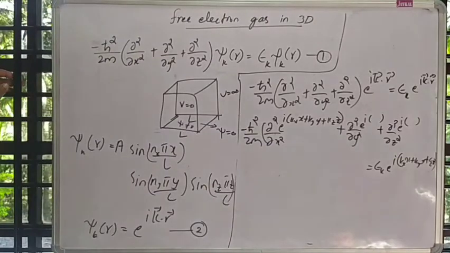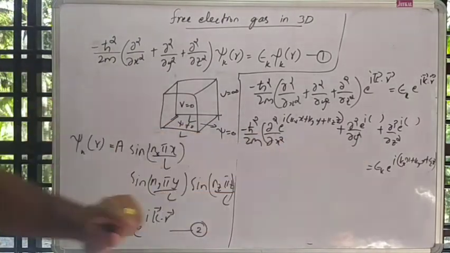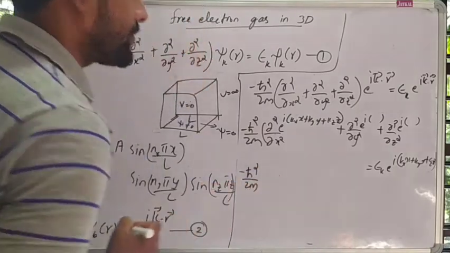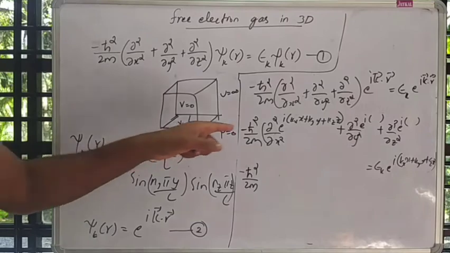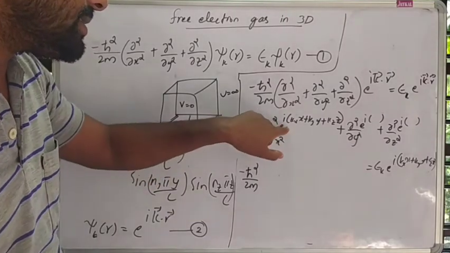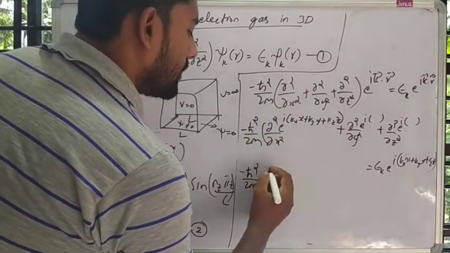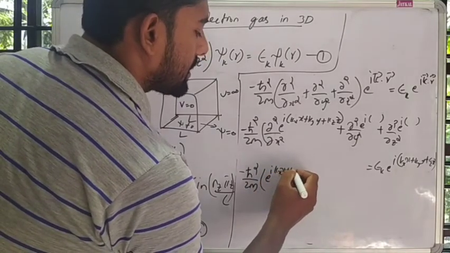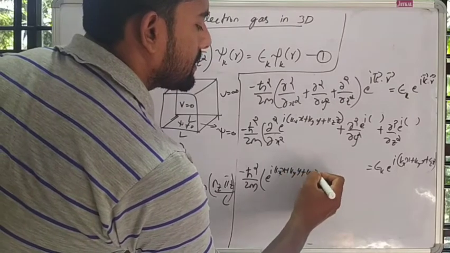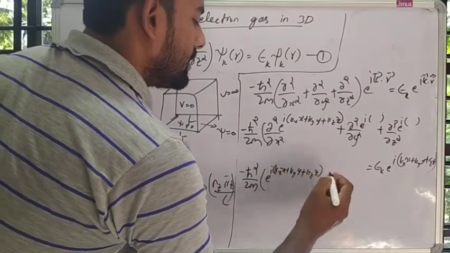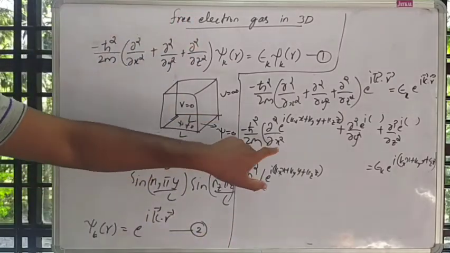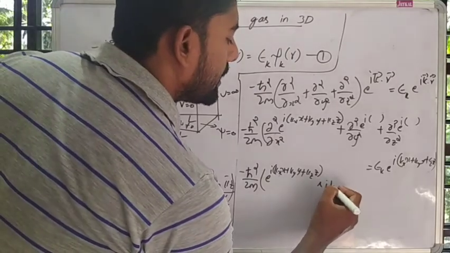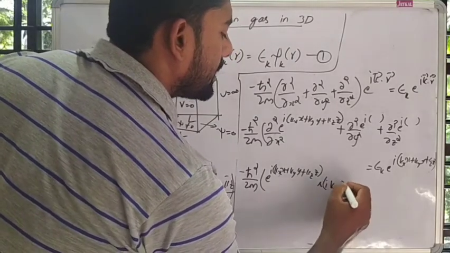Okay, and so we can differentiate it, minus h bar square over 2m. If we differentiate this twice, we will get e raised to i (kx x plus ky y plus kz z) into, we are differentiating twice with respect to x, so we will get (i kx) whole square.